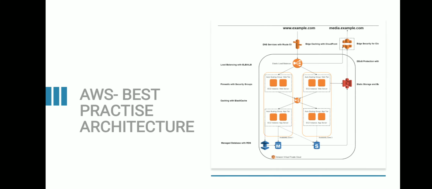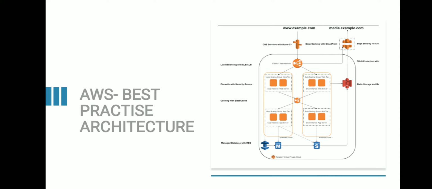Okay, so what I have done is taken one of the best practices architectures from AWS, and I'm going to compare this AWS best practice architecture with another architecture which has zero trust implemented. As you know, the definition of zero trust is never trust and always verify.